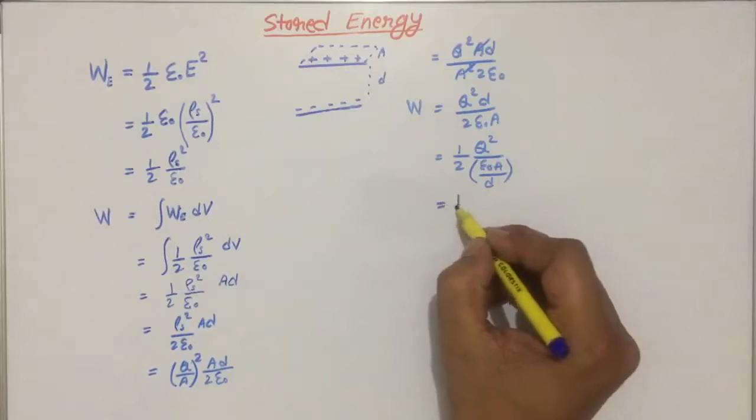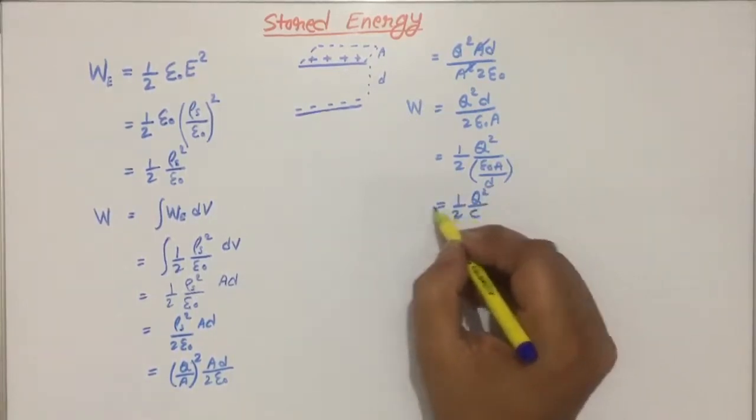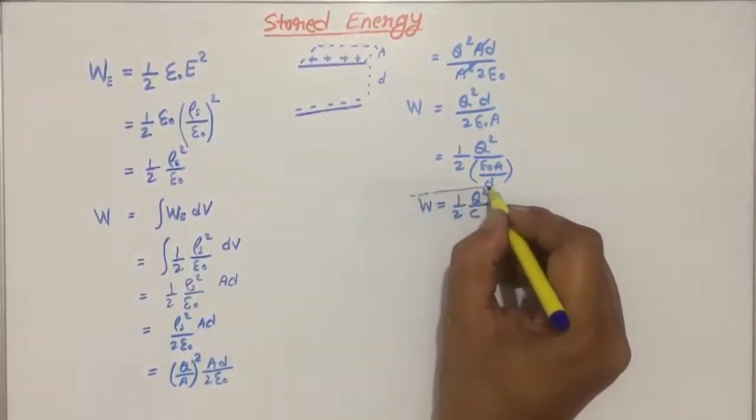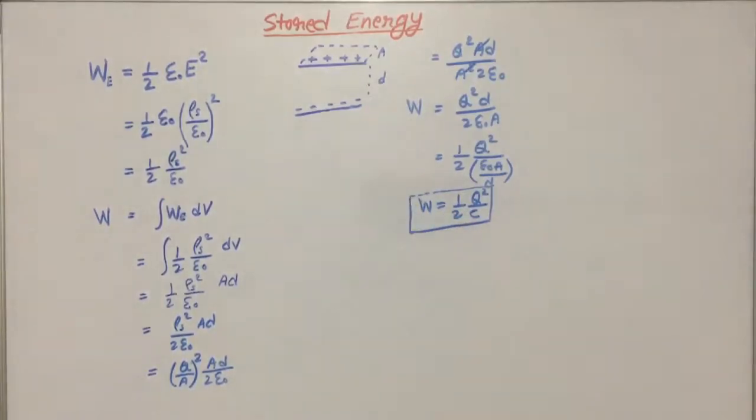So we can write half Q square by C. This is the total energy that can be stored in the capacitor.